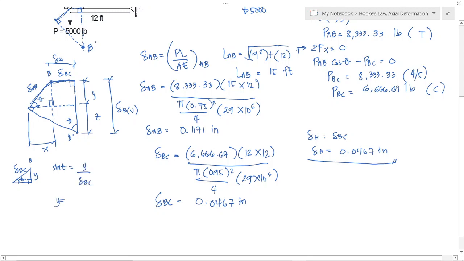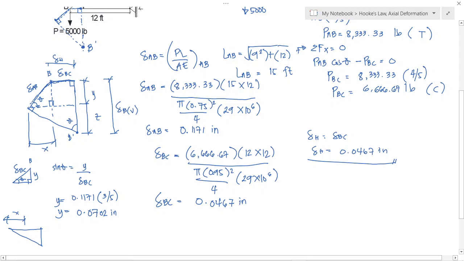So, y is equivalent to delta BC, 0.1171, times sine of theta, which is 3 over 5. So, y is equivalent to 0.0702 inch.